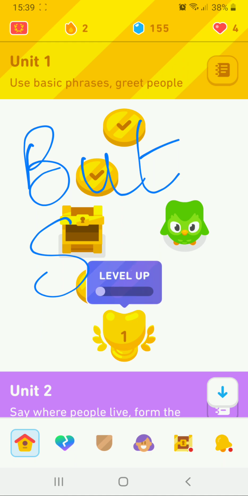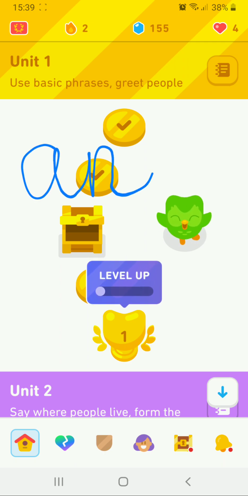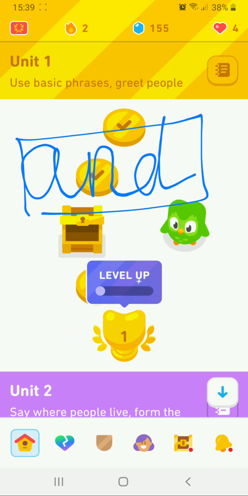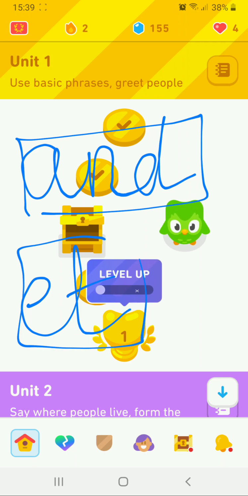And another conjunction that we know is and, A, N, D. And we will say at, simply at, in Latin.